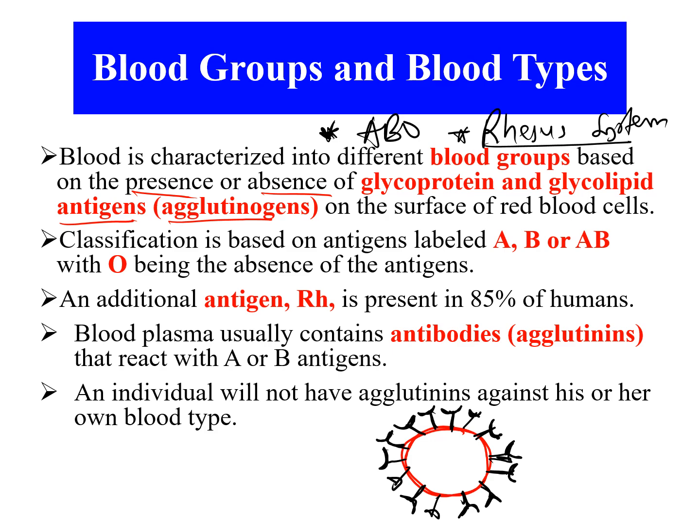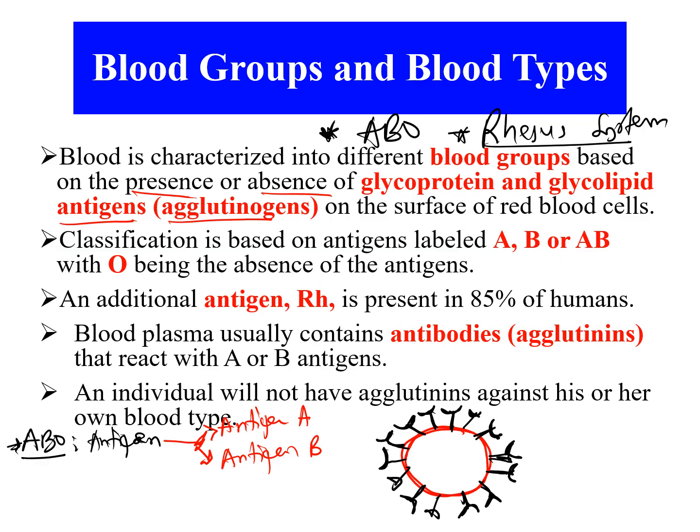In the ABO system, there are two types of antigens that can be present on the red blood cell of an individual. We can either have antigen A or antigen B.